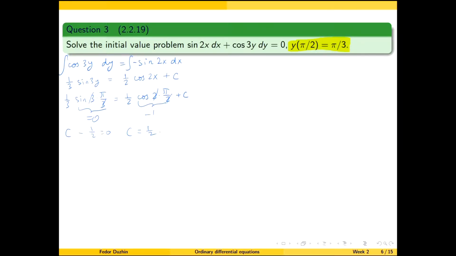So it means that the equation that we've got is sine of 3y. I'm going to multiply by 3 right away, equals 3 over 2 times cosine 2x plus 3 times 1/2.